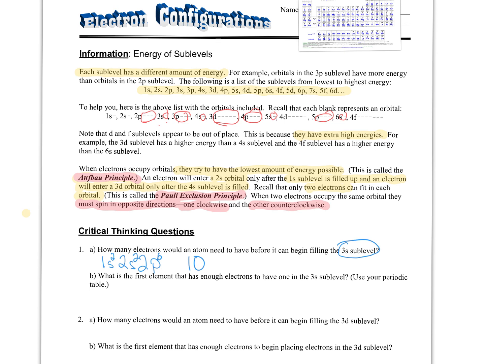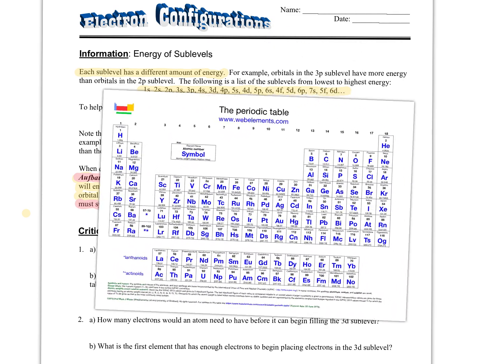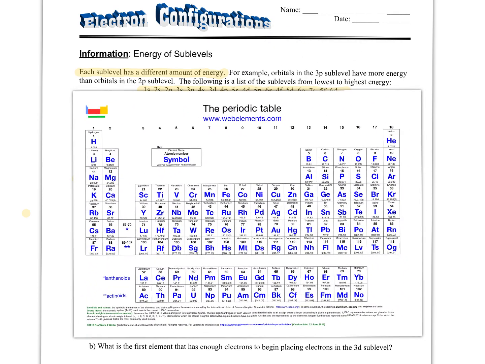What is the first element that has enough electrons to have 1 in the 3s sublevel? And it says use your periodic table. So I've got a periodic table here. So we're looking at the element that has 11 electrons, because 10 wouldn't go into the 3s.